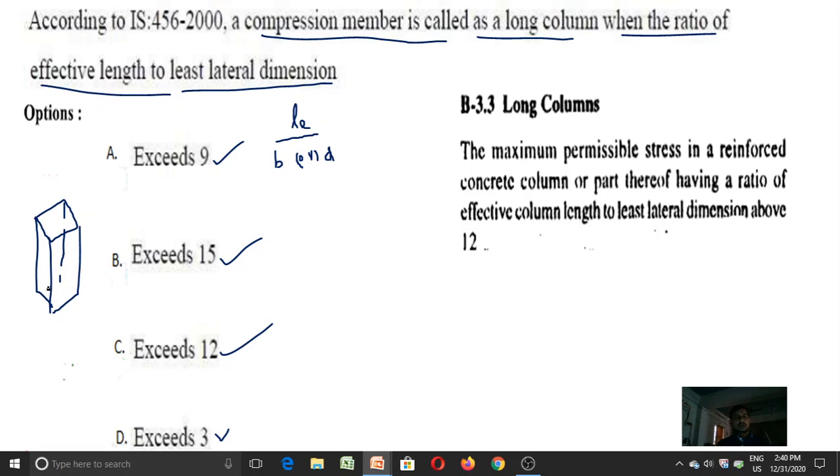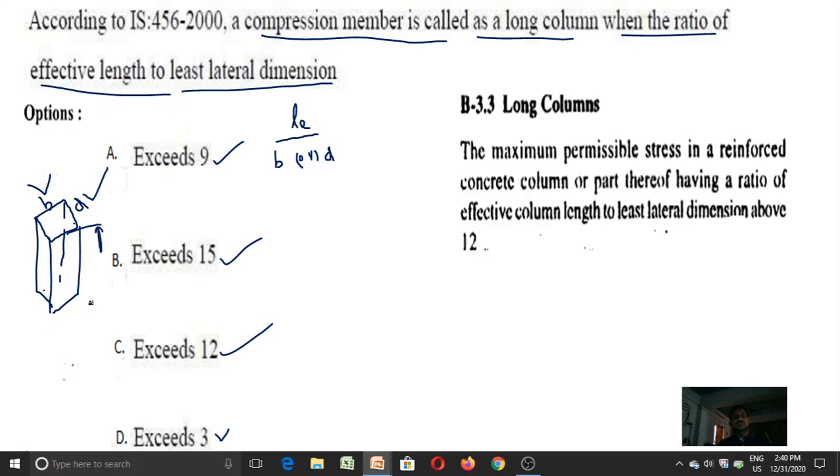If this is B and this is D, here I am calling B the width of the column and D the depth of the column. Both are lateral dimensions for the column. The height of the column is the longitudinal dimension.